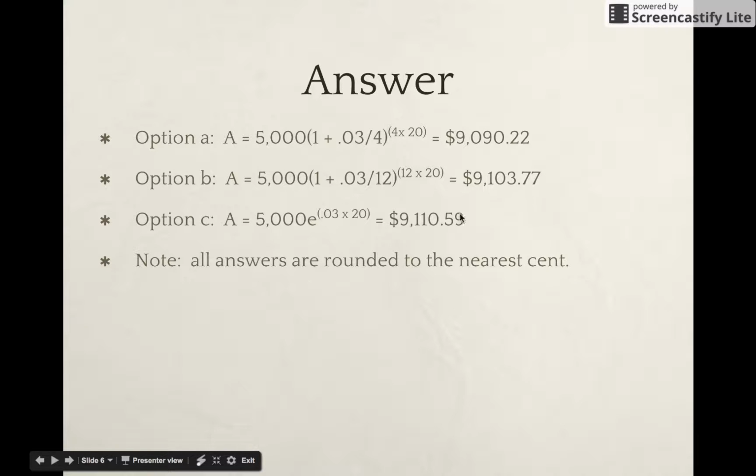All right, we put these into our calculator and round to the nearest cent, and we get the following totals here. And we can see that the numbers here, as we look from option A, B to C, the values are larger each time, and that corresponds to an increasing number of compounds from 4 compounds per year to an infinite number of compounds per year continuously.